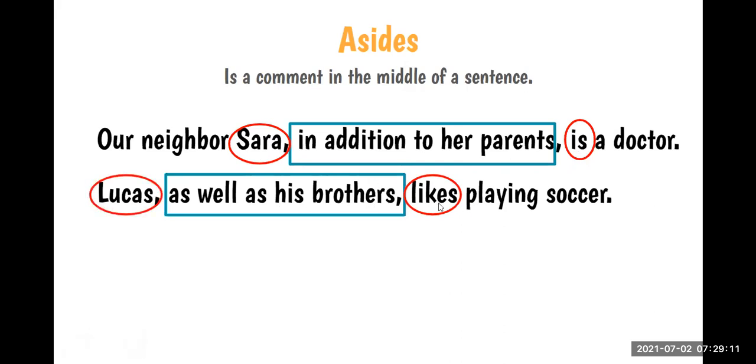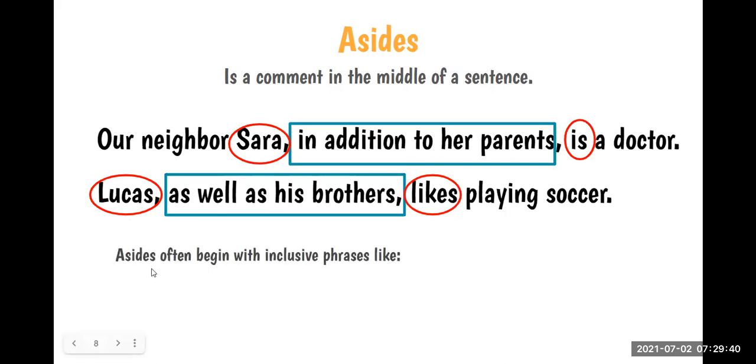It agrees with Lucas, that is the subject of our sentence. So I want you to be very careful with this. If you have an aside in a sentence, you don't have to agree the verb with the subject of the aside, but with the subject of the sentence.